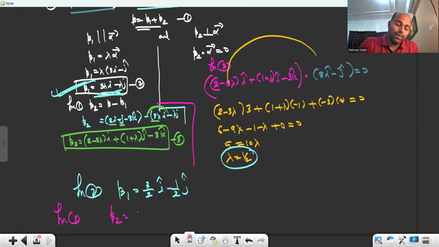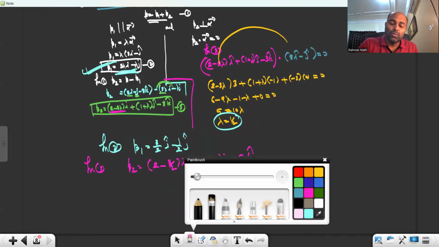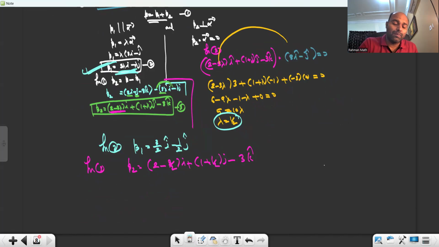From 3, beta 2 equal to (2 minus 3 lambda) i plus (1 plus lambda) j minus 3k, with lambda 1 by 2. So 2 minus 3 by 2 i, 1 plus 1 by 2 j minus 3k. Simplifying, 2 minus 3 by 2 is 4 minus 3, 1 by 2 i, plus 3 by 2 j minus 3k.